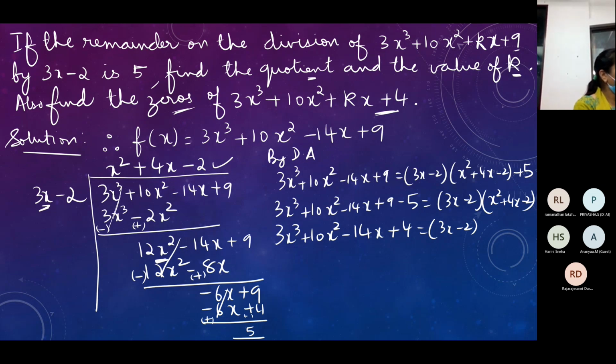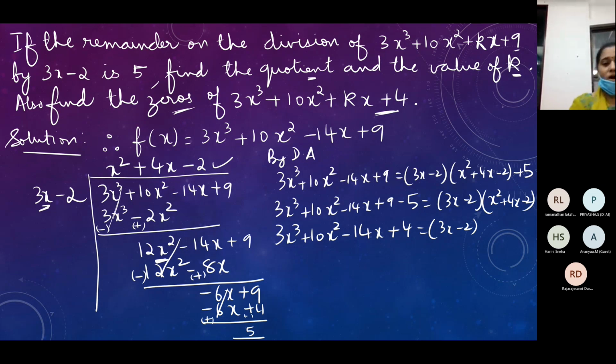What's the long division? Without that, you have come to the 3x minus 2 and x squared plus... You should not multiply because they are only the linear factors.